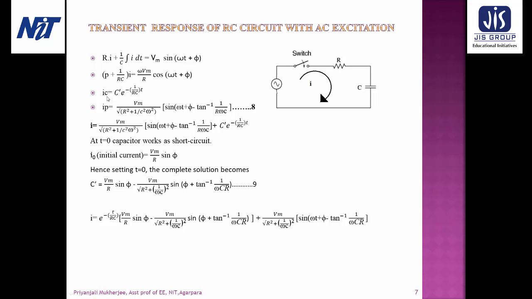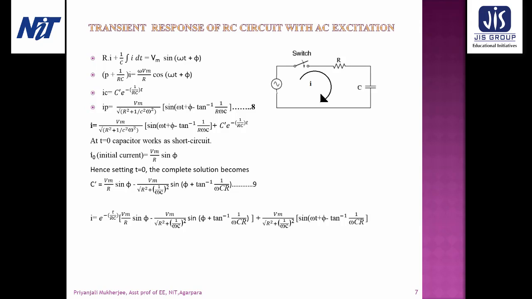Now here also the total response I is summation of IC plus IP, and the complementary function is C into e to the power minus t by RC, and IP is the Vm by root over R square plus 1 by C square omega square into sine omega t plus phi minus tan inverse 1 by omega C into R. So I becomes the IP part plus this IC part, and we know that at t is equal to 0, the capacitor acts as the short circuit.